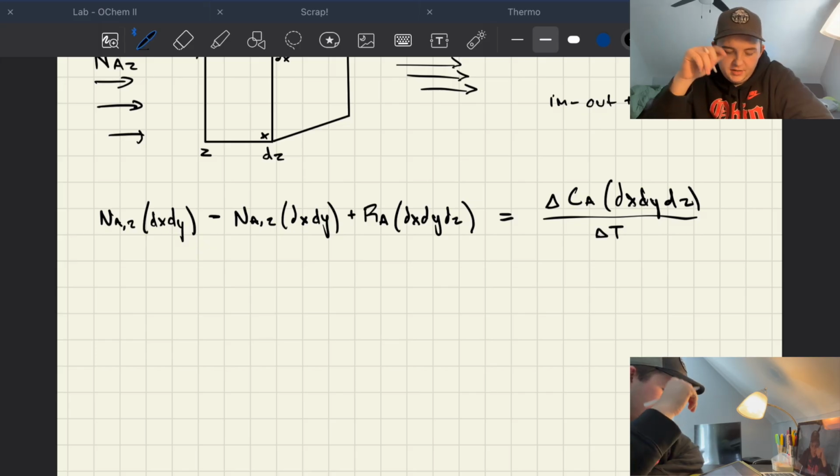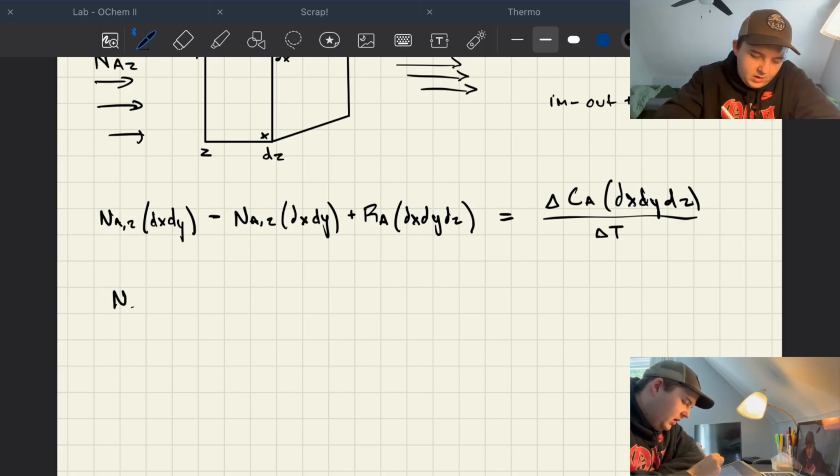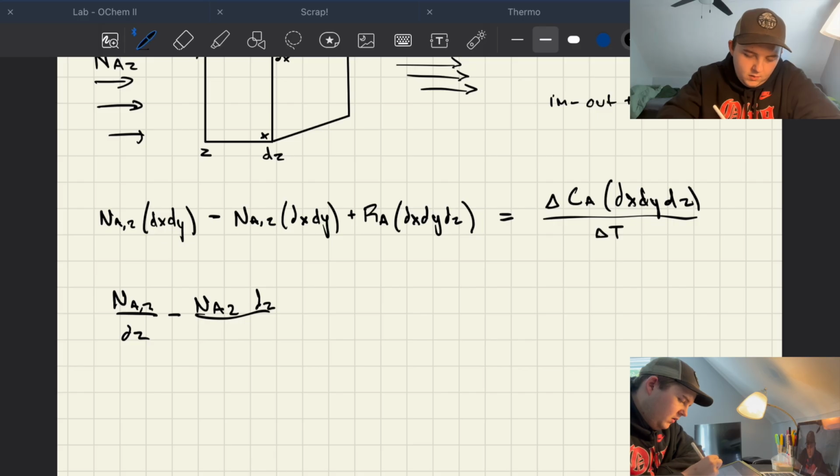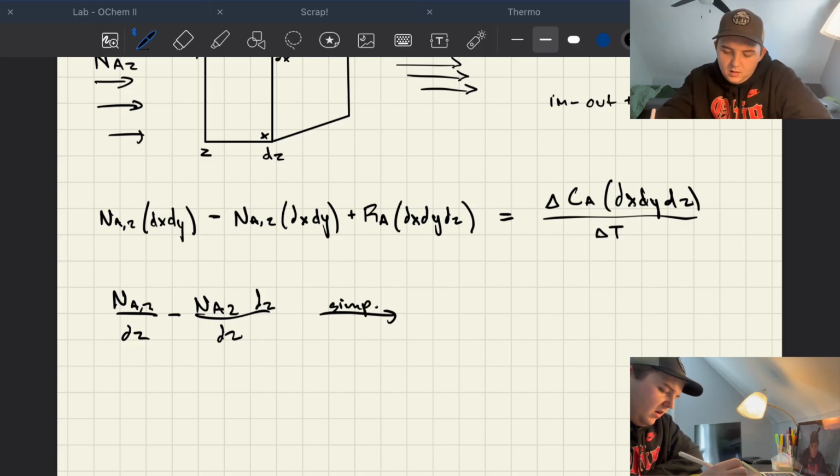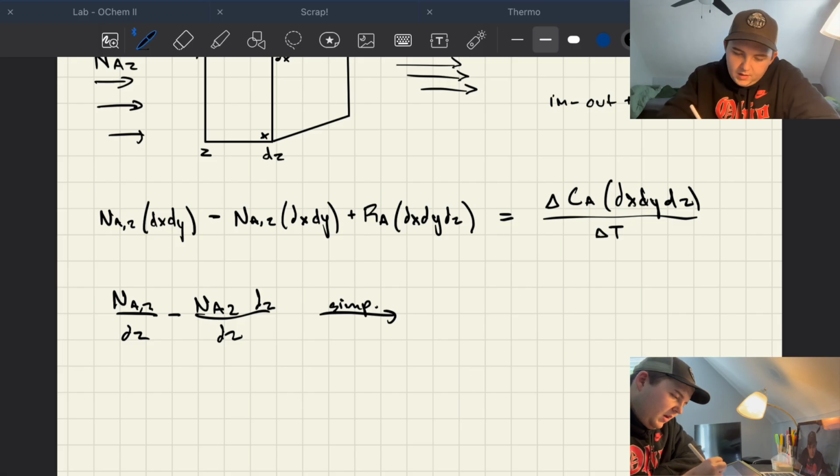Okay, then we can simplify some things. We're going to get N_A over dz, dz over dz. Okay, and then we can simplify further. I'm just going to write simplify because I get lost sometimes. And then we're going to get our N_Az.